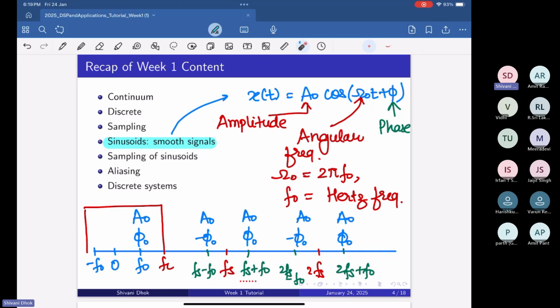Now, when can I have this retaining possible? When this particular frequency, that is this Fs minus F naught, is greater than this F naught.